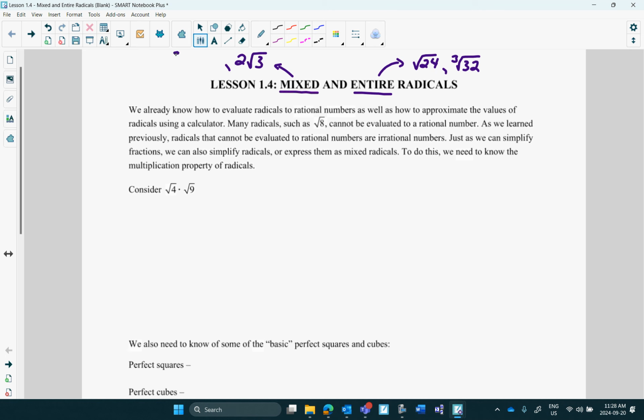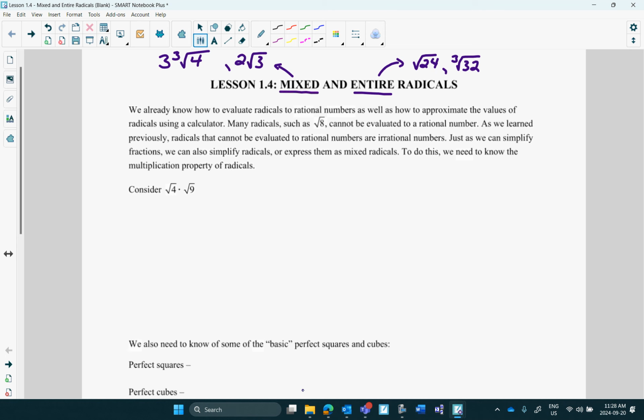This one here is 3 cube root 4. Okay, so mixed means it's a mixture of a rational number and an irrational. Well, these are irrational numbers.